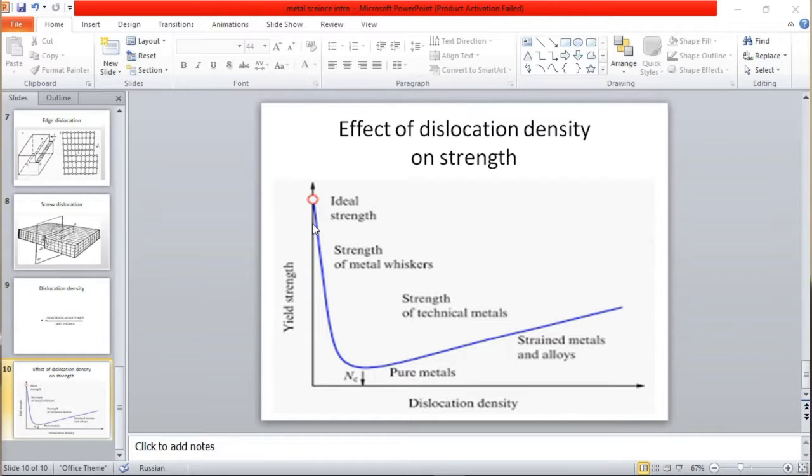but the strength of real metal is lower. This is the lowest value. It happens when we have pure metal. With pure metals, we have the minimum strength; they are going to be weaker.